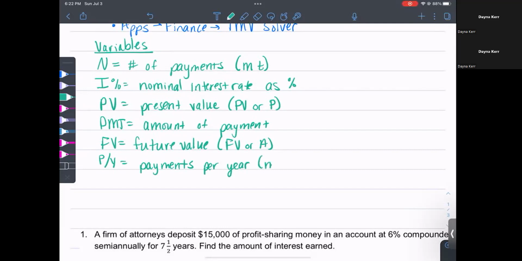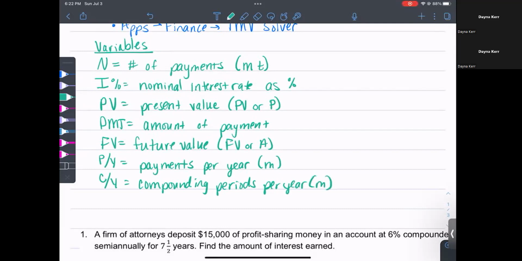In our formulas, that has been M, and C/Y is compounding periods per year. That is the same as M. So those two values are always going to be the same.